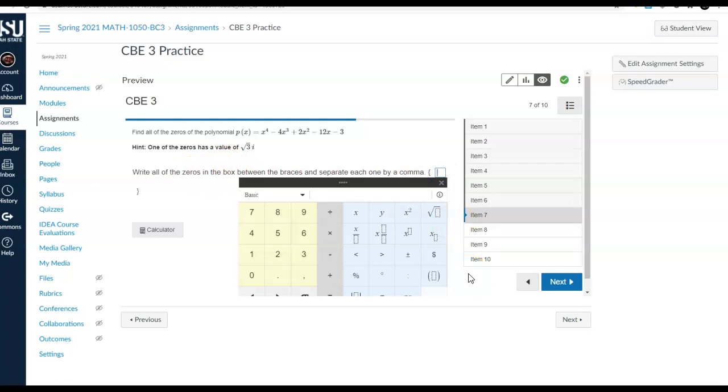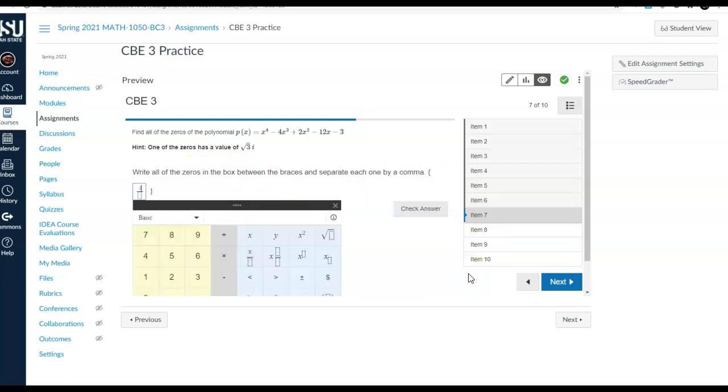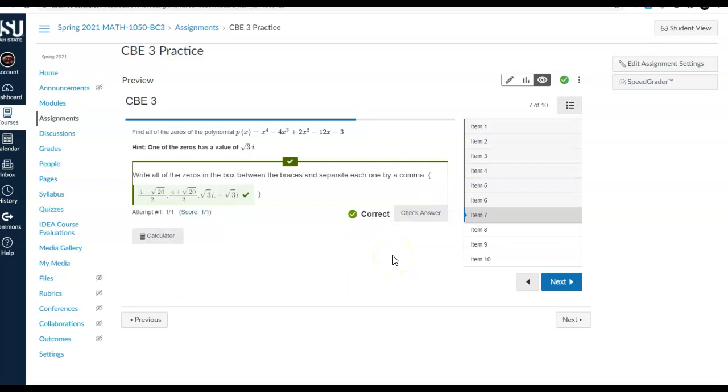So we're going to go here, we'll go 4 minus square root of 20 over 2, comma, 4 plus square root of 20 over 2, comma, we have the square root of 3i, comma, and negative square root of 3i. And bada bing, bada boom.